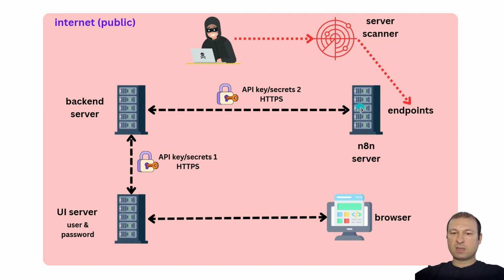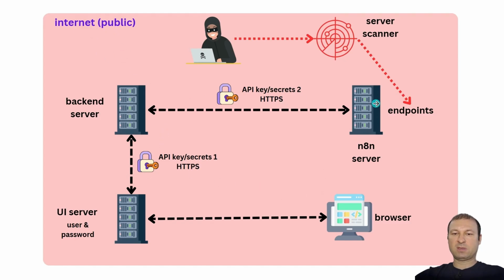But then again, you may ask, okay, how can the hacker find the n8n server? The same as before, he can use a scanner to scan IP ranges of commonly used internet cloud providers to find your n8n server directly, because as I said, all of these are in the internet public space.